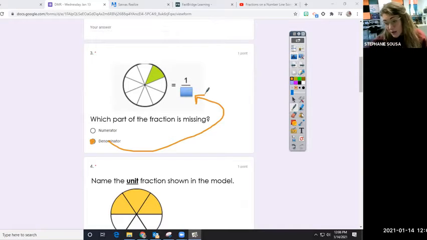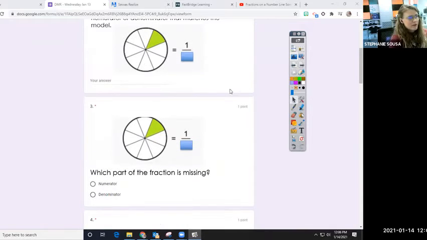And if you didn't take the notes, it's a good thing you have a teacher that loves you and puts it up on your Seesaw for you. How about that? All right. Questions about these, why it is 8 or why it is a denominator? Any questions? No questions. All righty, we shall move forward.